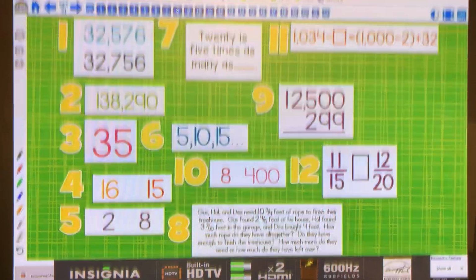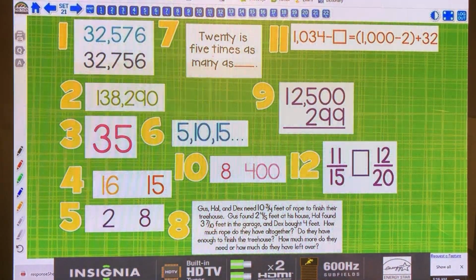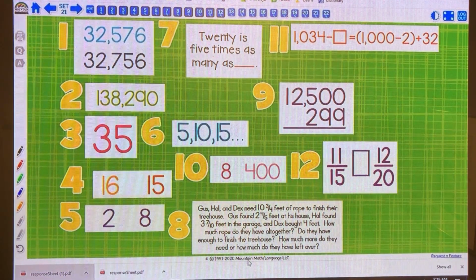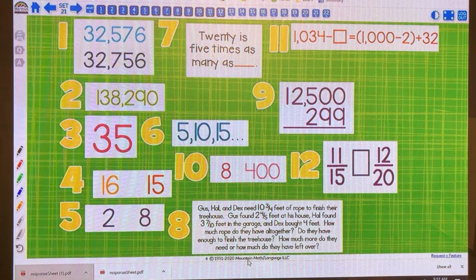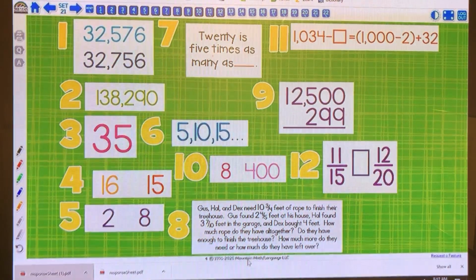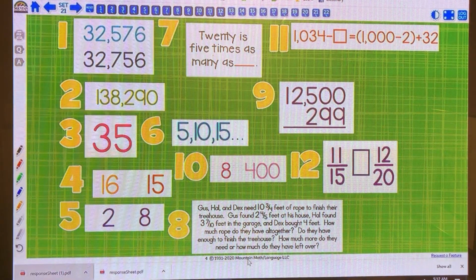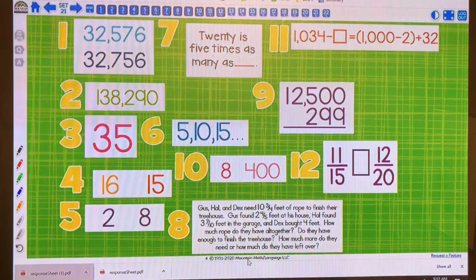I challenge you to give yourself a chance to do the best that you can on number 8. All of the other problems, comparing number 12, we're comparing fractions. We have the tools to compare those fractions by trying to find equivalency, and we'll go over that in just a bit.